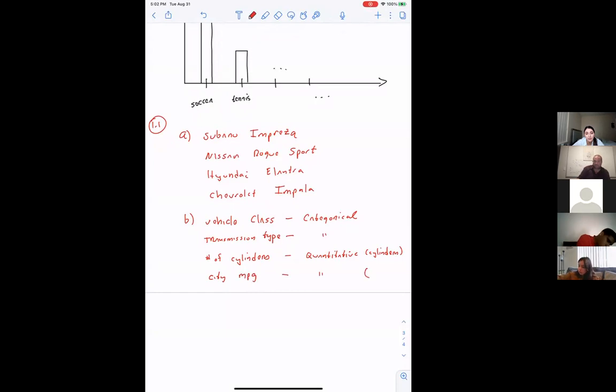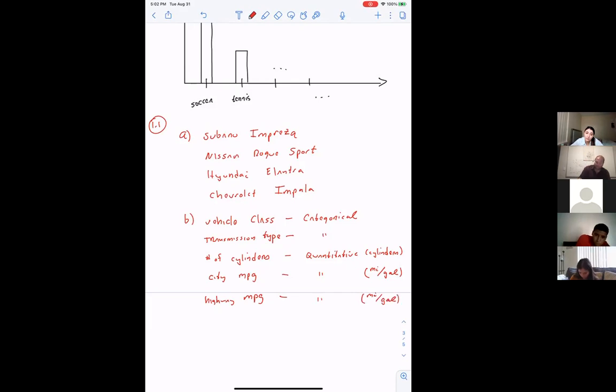Miles per gallon. Yeah, exactly. Miles per gallon. Next one. Highway miles per gallon. Categorical or quantitative? Quantitative. And units are again miles per gallon.